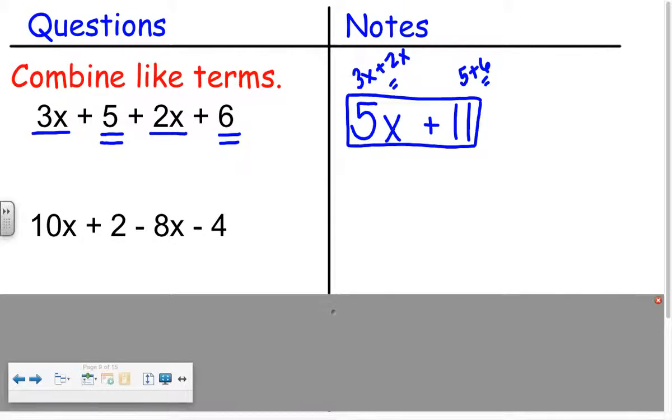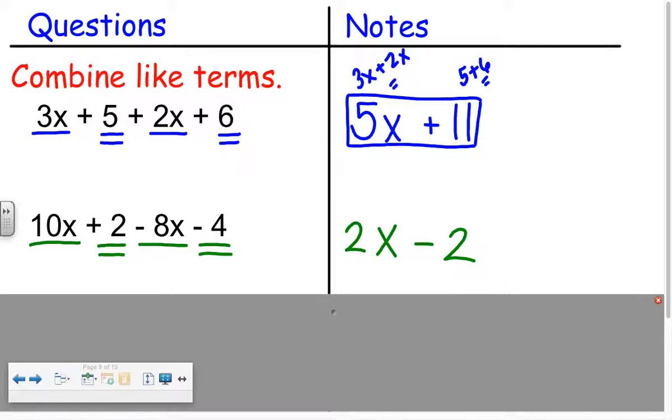If I start with my underlining again, 10x and negative 8x are like terms. You can either think of it as 10 minus 8 or 10 plus a negative 8, but either way, you should get 2x. And then positive 2 and negative 4 is negative 2.